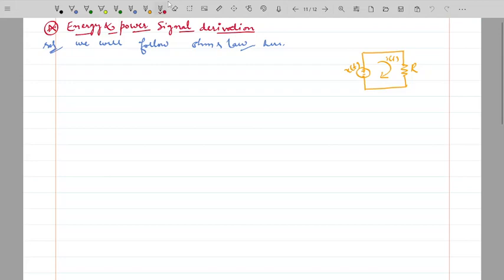Here the energy is interpreted as the energy dissipated in the normalized load, suppose R is a 1 ohm resistor. In this figure, V is the voltage, R is the resistor, that is 1 ohm, and I is the current.